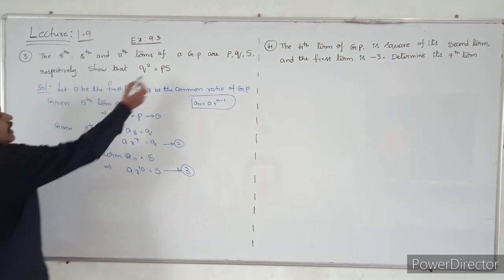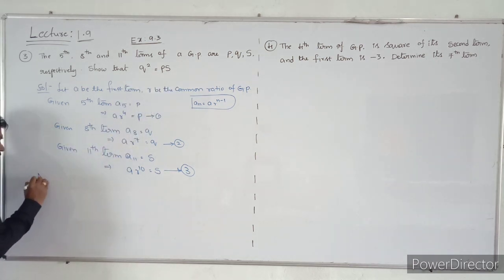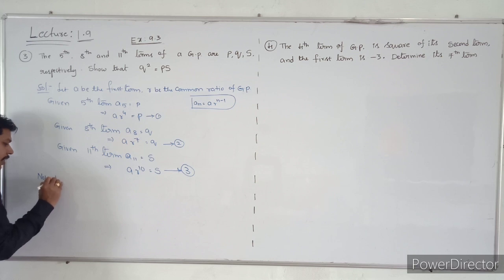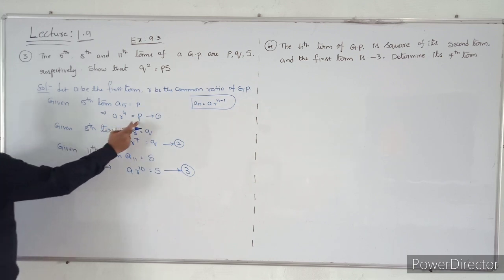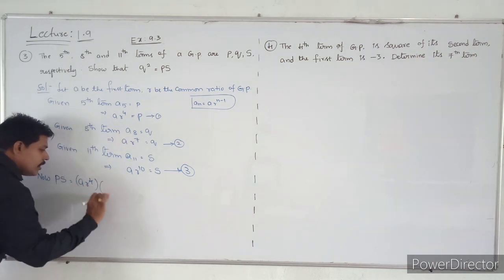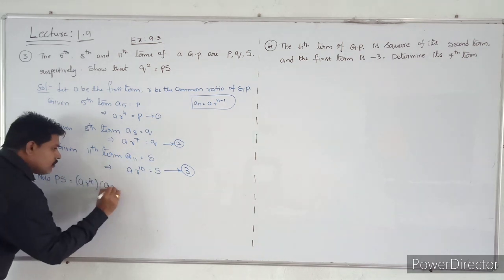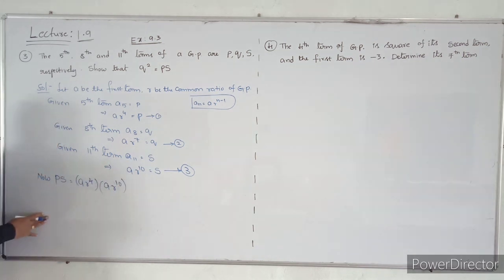After that, I am calculating the PS value. What is PS? The P value from 1 is A into R power 4, into S. The S value is A into R power 10.